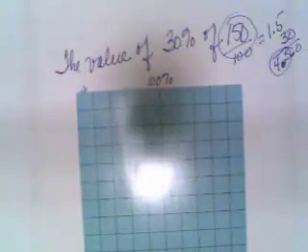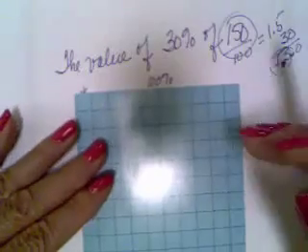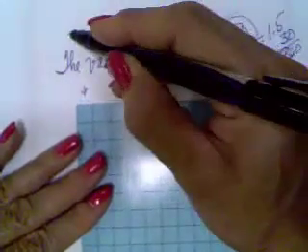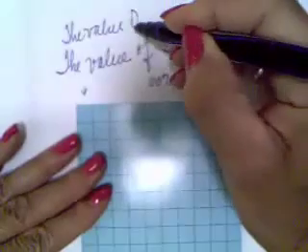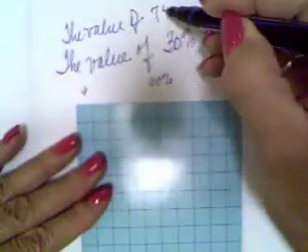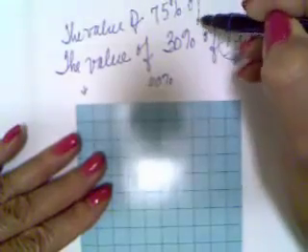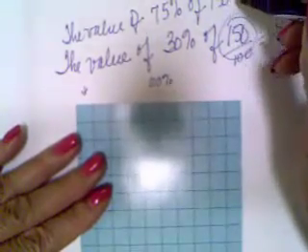All right, let's look at another example just like that. What would be the value of 75% of 150?